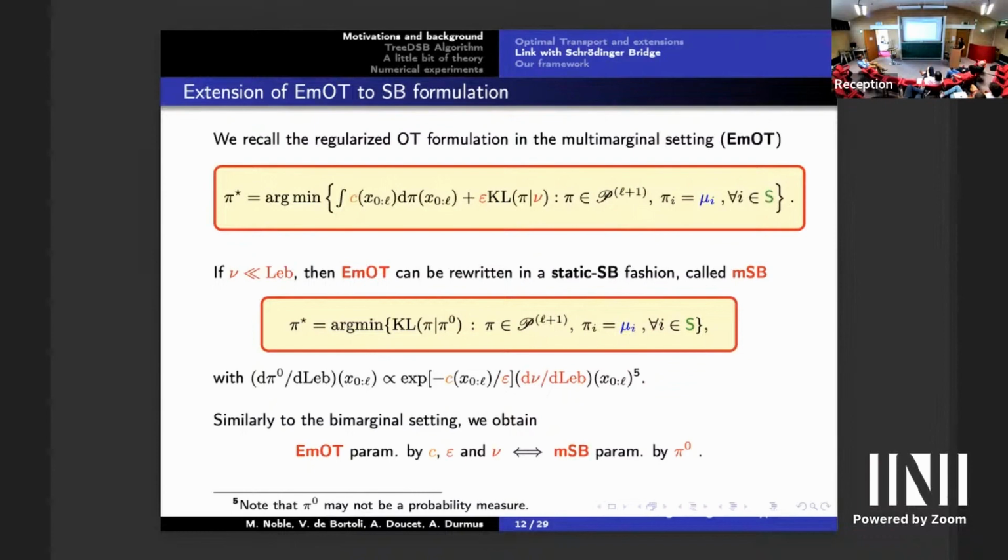Okay, so how does it come? Simply, you consider this cost, which appears here in your reference measure. But the problem is that you may have trouble seeing if it's really a probability measure if you don't take nu, which is well linked to C. So at this stage, we consider that this is a probability distribution, but it may not be, depending on the choice of nu with respect to C. But actually, simply if you write it, developing the log and the exponential, you end up with this formulation, really easy.